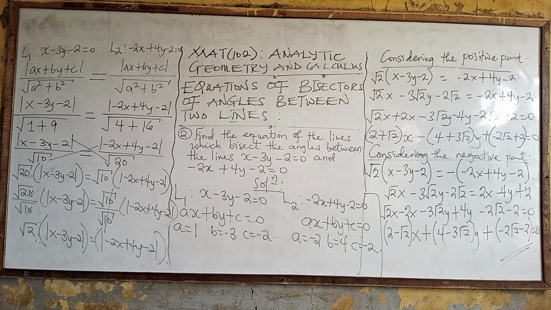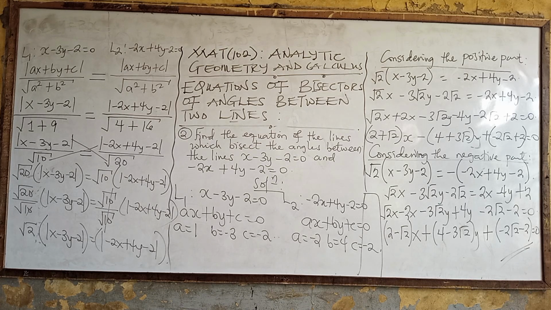So we considered the negative part and we had 2 minus root 2 multiplying x plus 4 minus 3 root 2 multiplying y plus negative 2 root 2 minus 2 equals 0.